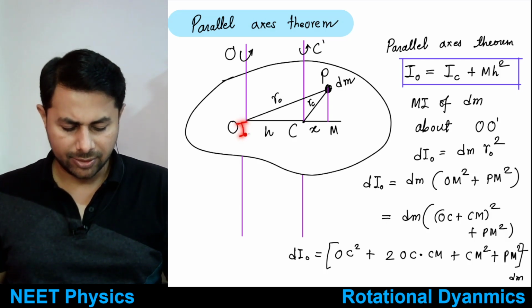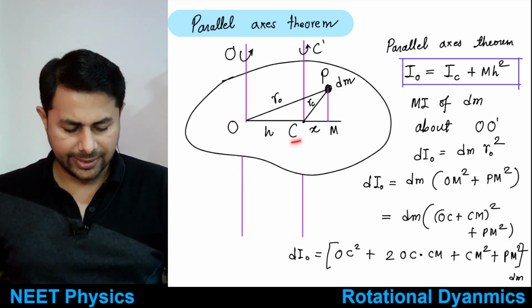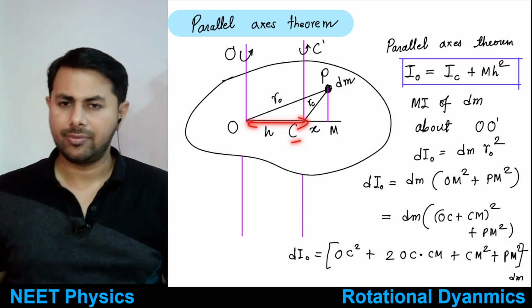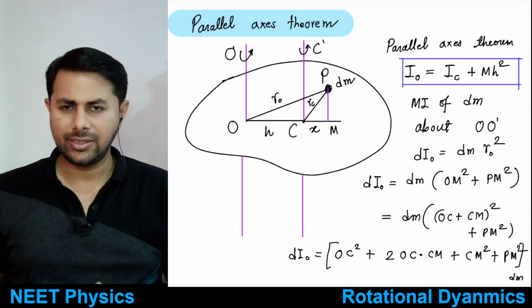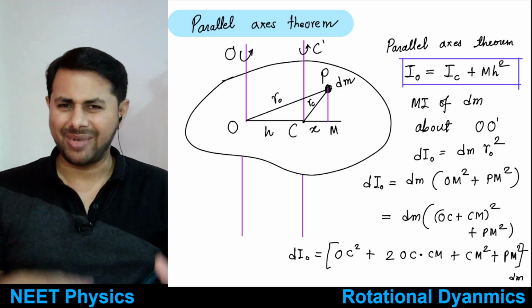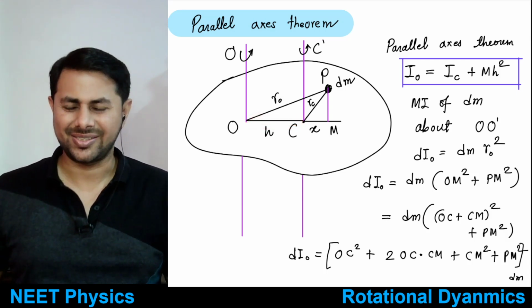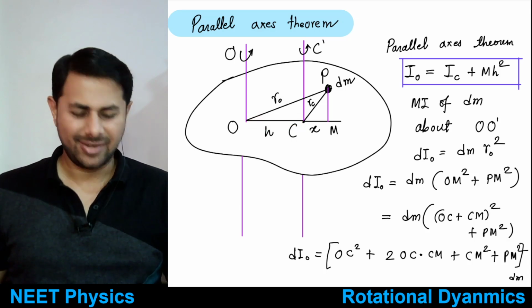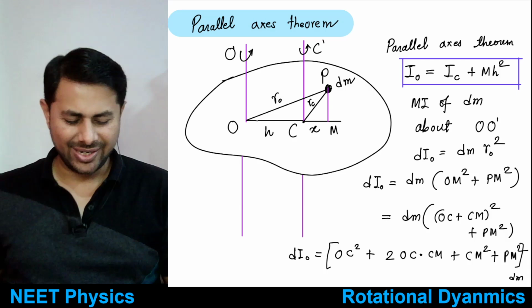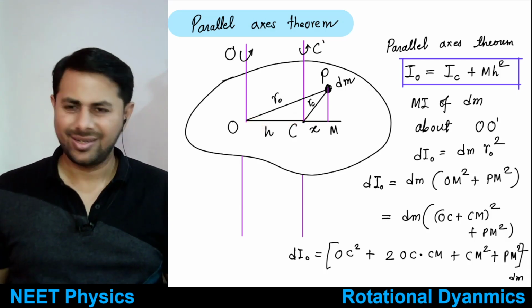I suffix O, the moment of inertia about this parallel axis, is just equal to IC plus mh squared. M is the mass of the body, and h is the perpendicular distance between these two axes.